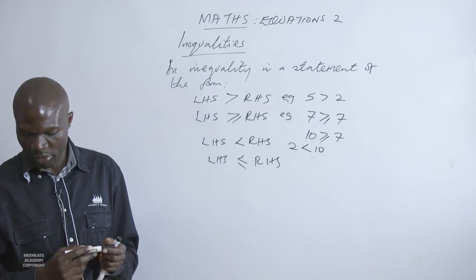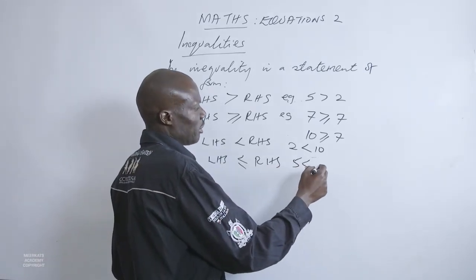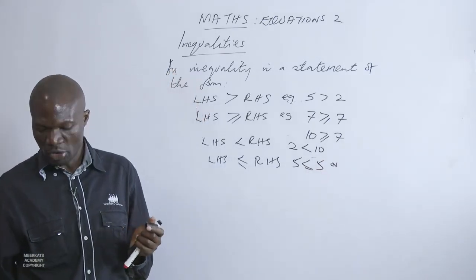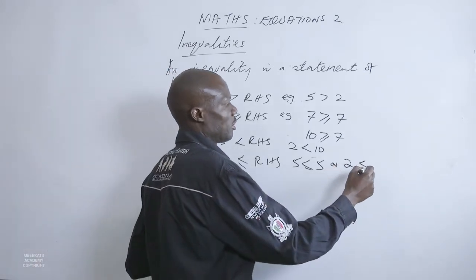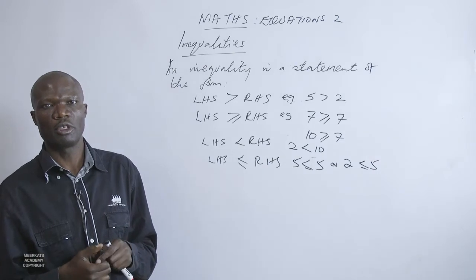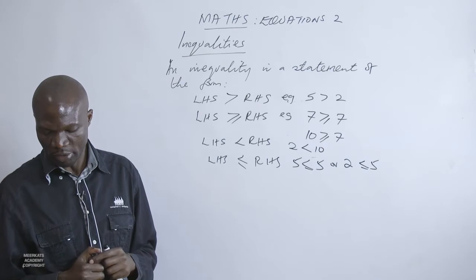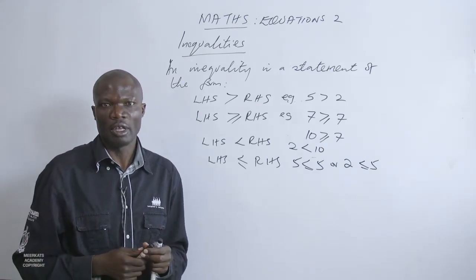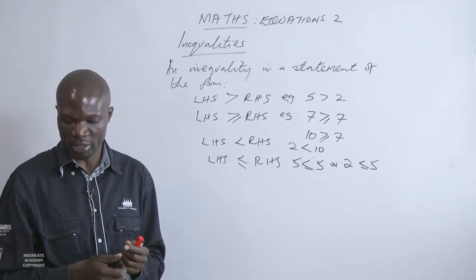A good example there, we can say 5 is less than or equal to 5, which is true. Or we can also say 2 is less than or equal to 5, which is true, exception given to the case where we shall be equating. So those are statements.